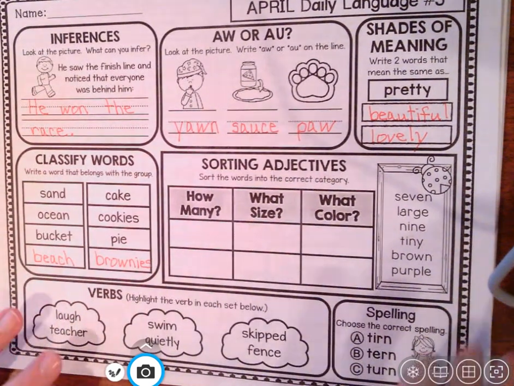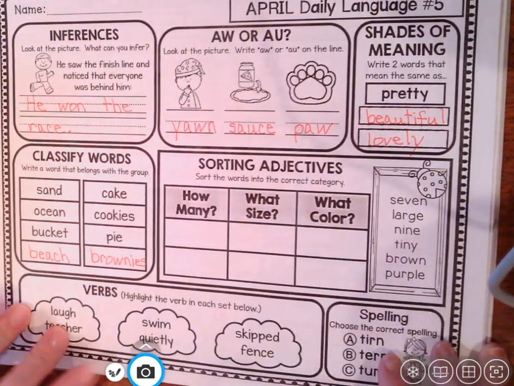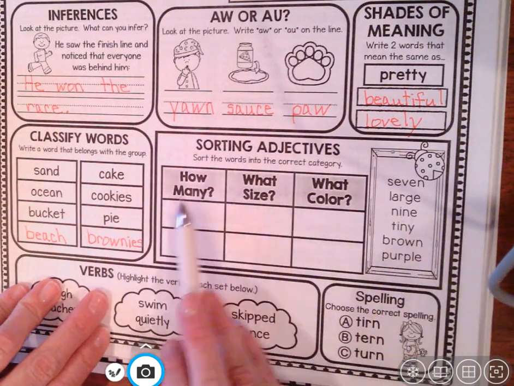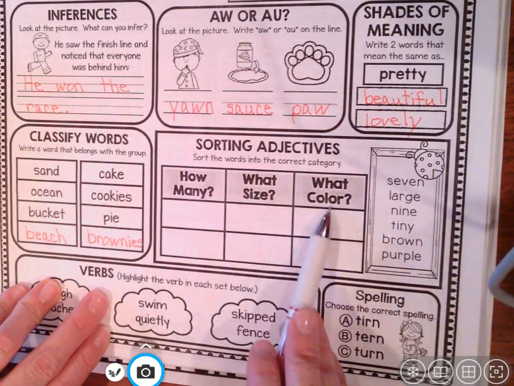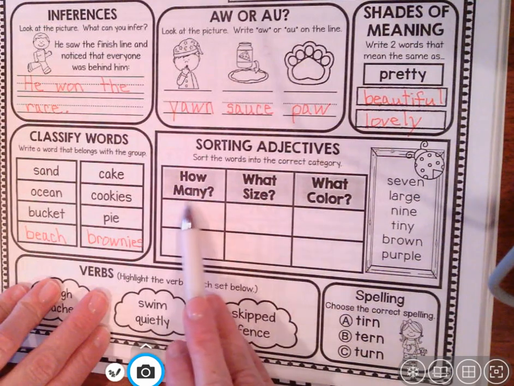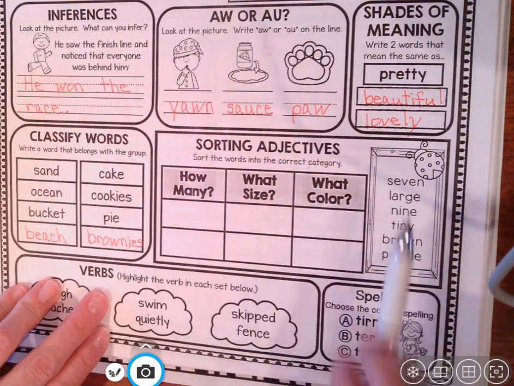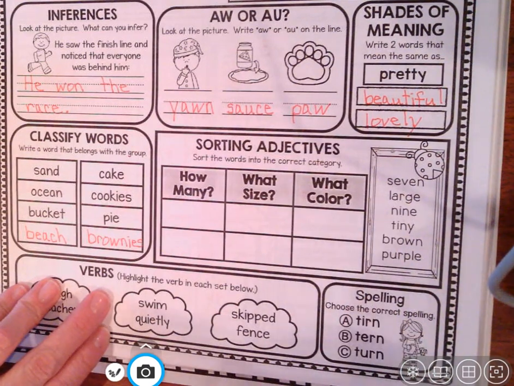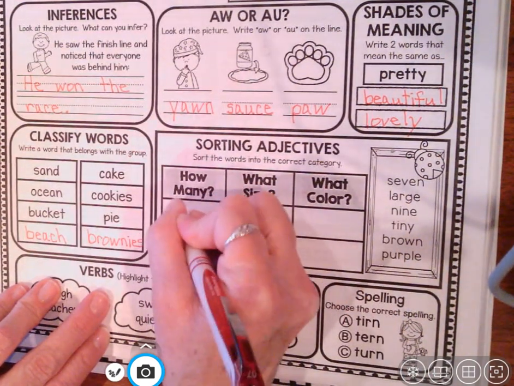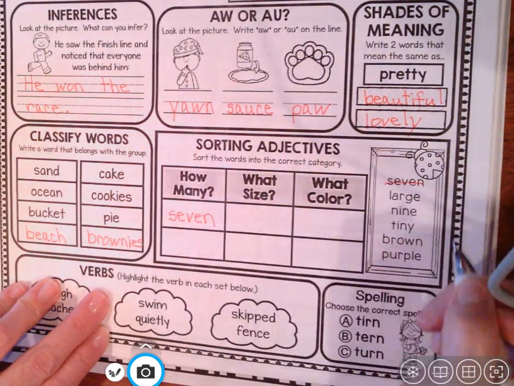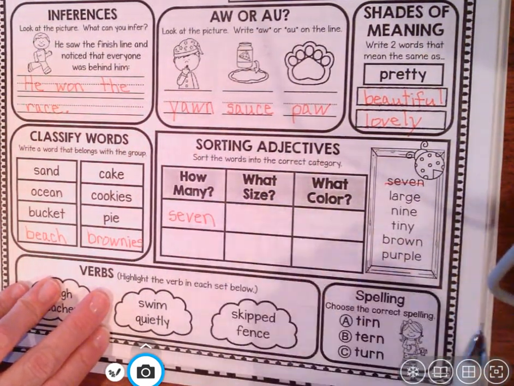Okay, sorting adjectives. Adjectives are describing words. How many? So we have how many, size, or color. Those are all words that can describe something. Those are going to be adjectives. So 7, that would be how many. So let's write it in this box, 7. Large, that's the size.